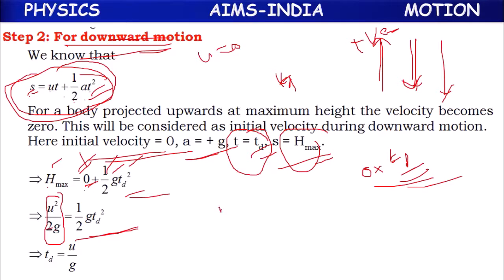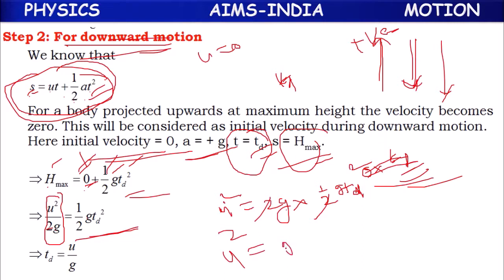we can write u square equal to 2g into half g td square. The 2 cancels, g into g is g square. U square equal to g square td square.